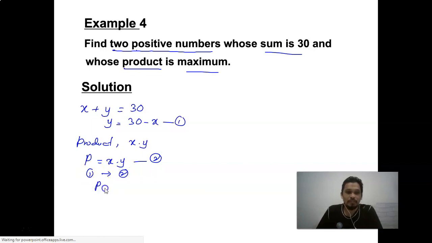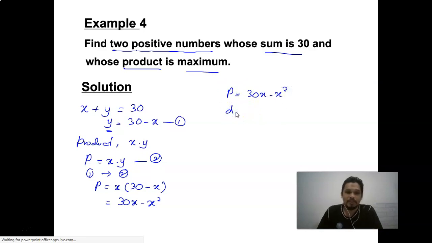We put P equal to x and y, which is now represented by 30 minus x, so P equals x times 30 minus x, and it comes up with 30x minus x squared. So this is the equation that we're going to use now: P equal to 30x minus x squared.